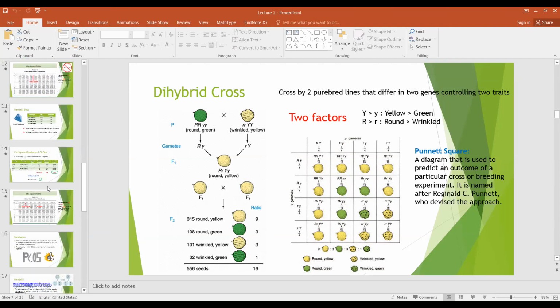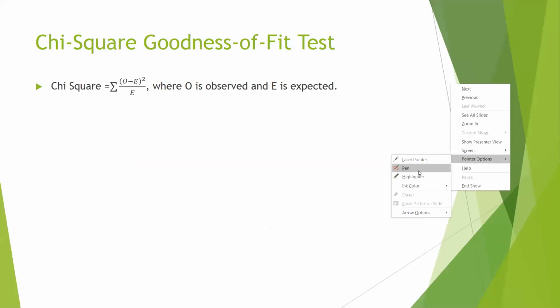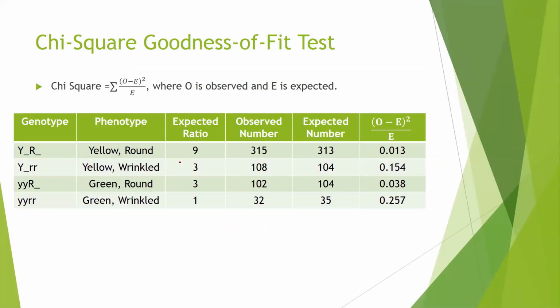If the two genes that we are studying are on two different chromosomes, and during meiosis these two genes are sorted completely independently of each other, so let me use the pointer here, if these two genes are sorted independently, we would expect to see this phenotypic ratio, based on the second Mendelian law, Mendel 2.